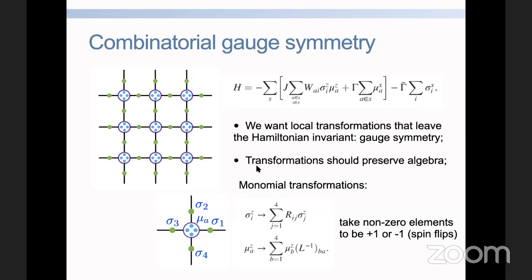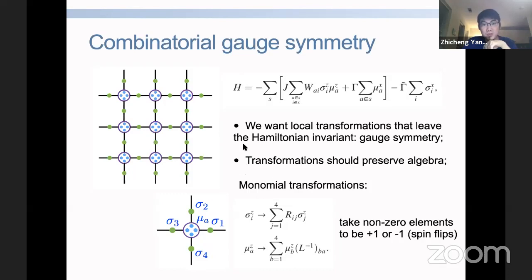Of course, we want transformations that preserve the spin algebra, and we already know that they are monomial transformations. Since there's only the spin Z component, instead of the full SO(3), the matrices only act on the Z components. So we consider the following monomial transformations on the gauge and matter spins simultaneously.